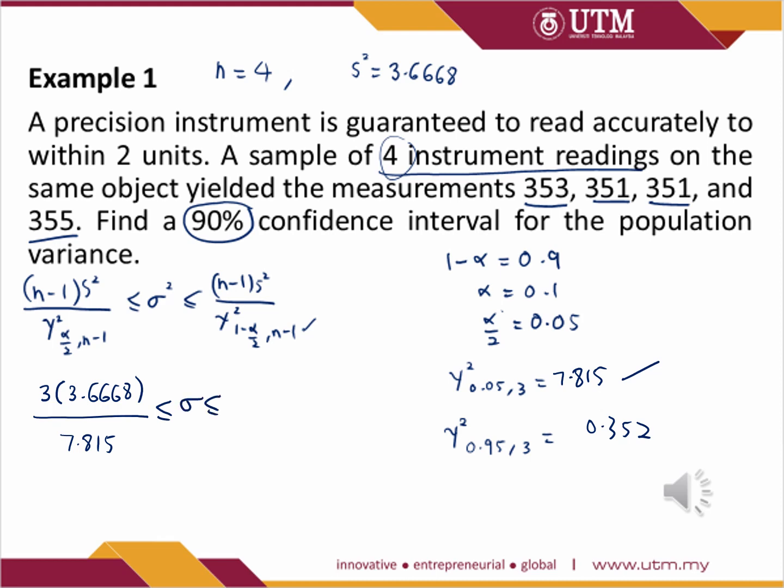And for this one it is 3 times 3.668 divided by chi-square 1 minus alpha over 2, which is 0.352. Now you can solve this.